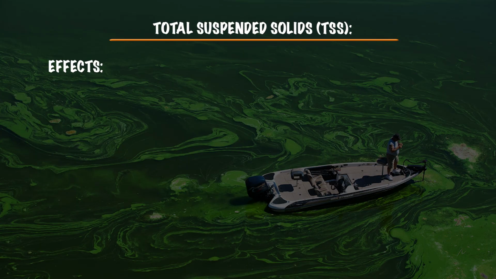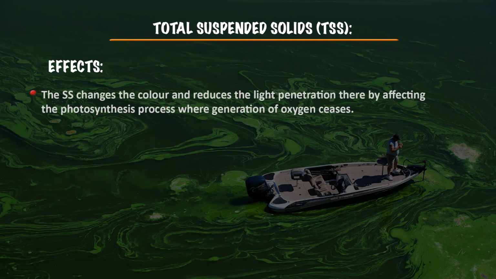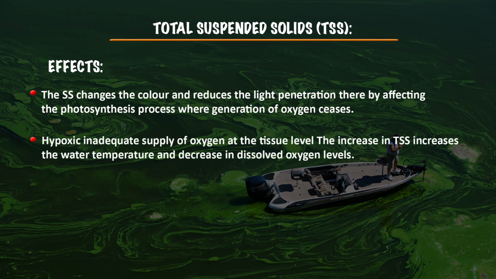What are the effects of this? These suspended solids change the color and reduce light penetration into the water bodies, which affects the photosynthesis process, and the generation of oxygen ceases, leading to hypoxia, an inadequate supply of oxygen at the tissue level. An increase in TSS increases the water temperature and decreases dissolved oxygen levels.